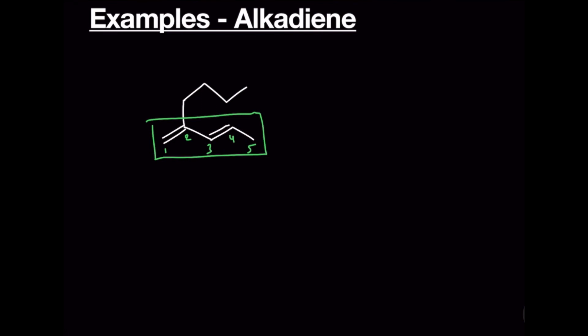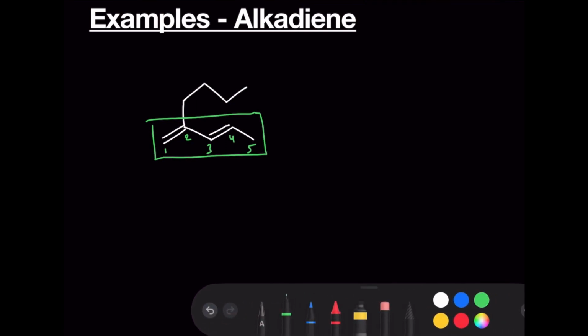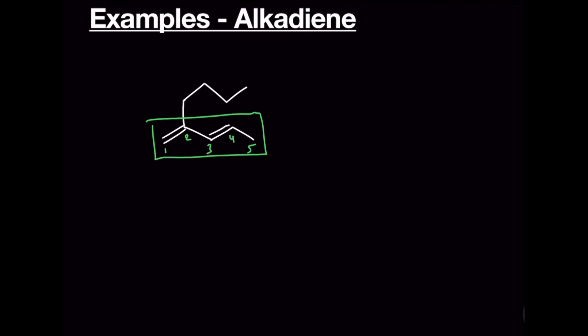At 2 position, we have the butyl chain, and therefore the IUPAC name for this molecule is 2-butyl penta, the A is back, and then in parenthesis 1, and then 3E. Why 3E?